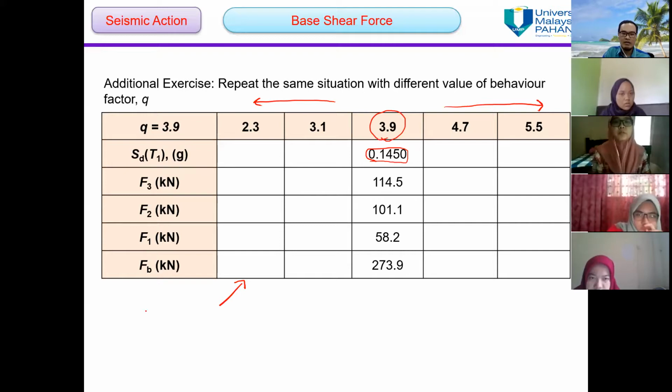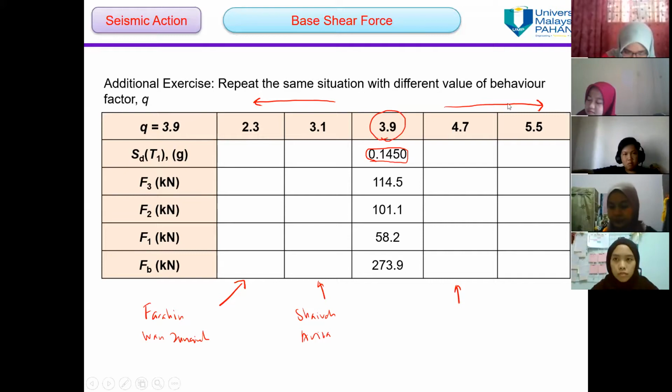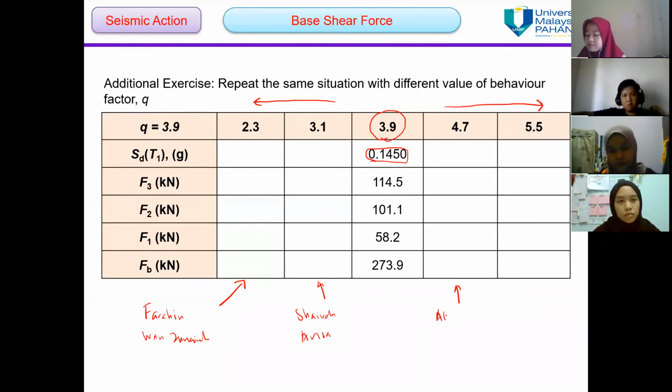I can divide the work. This 2.3 will be conducted by Farahin and Zunaira. Can you do it? This one is Shaira and Arina. 4.7 will be conducted by Alicia and Aina.